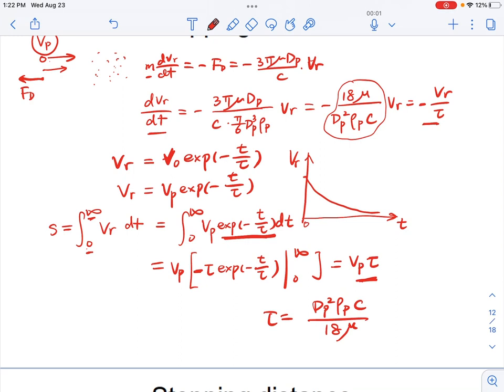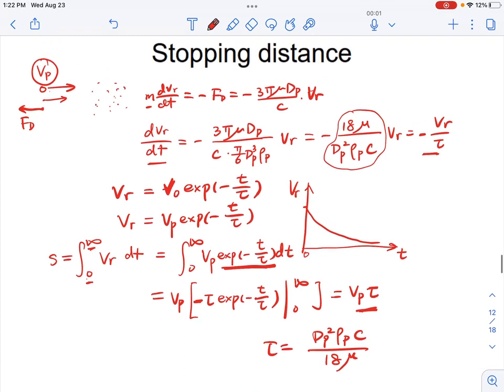You can see that larger particles have a larger stopping distance. This makes sense: larger particles have larger inertia, so if you shoot a particle in the air, against the drag force, their inertia will make them travel longer. Smaller particles have small inertia, so they cannot travel far.